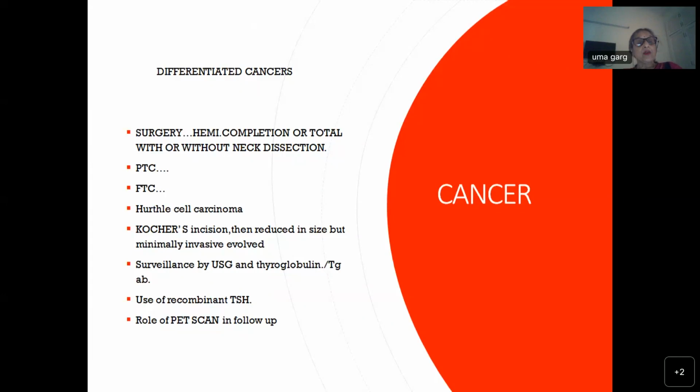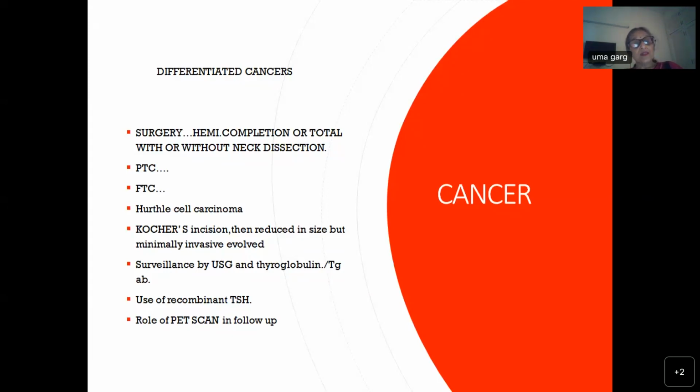Because in papillary thyroid carcinoma, lymphatic metastasis in the neck is seen in level 4 and sometimes level 6, that is the central compartment, and sometimes levels 4 and 5, and in those cases, neck dissection may be required. Similar things can happen in follicular, but neck metastases are more common in papillary thyroid carcinoma.